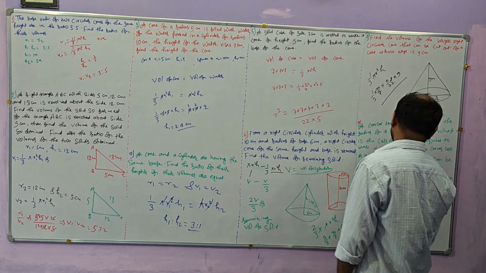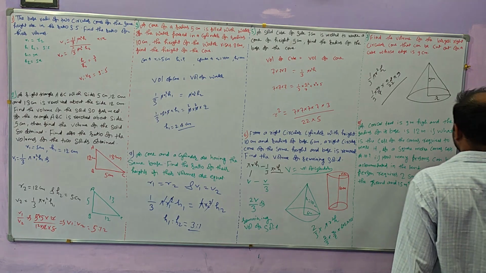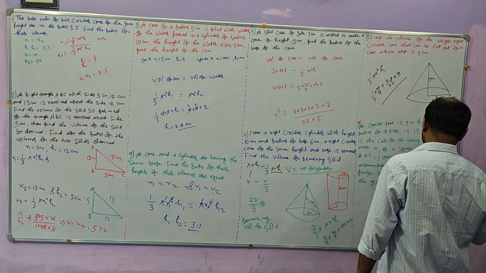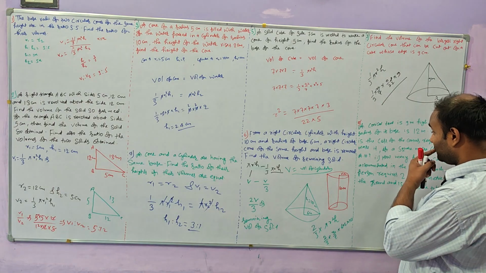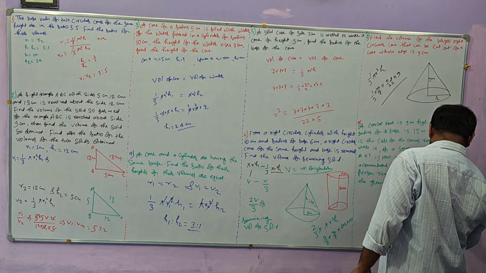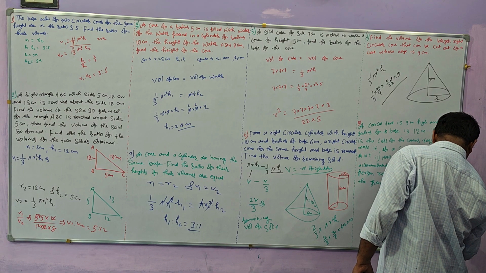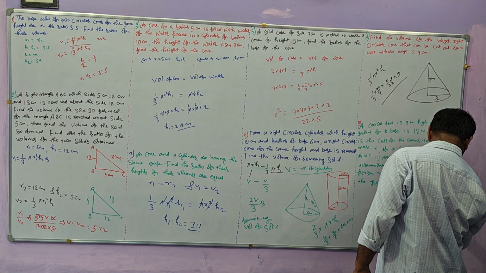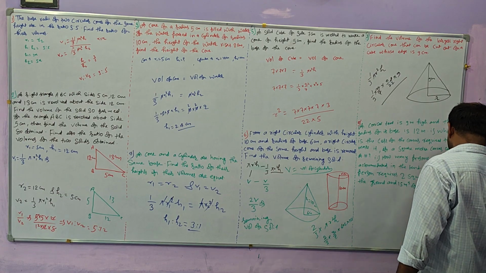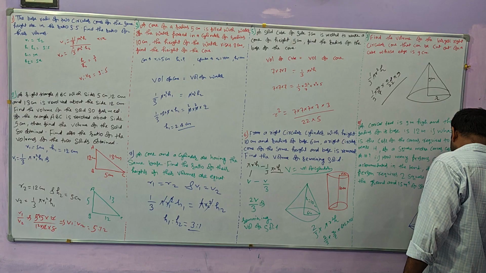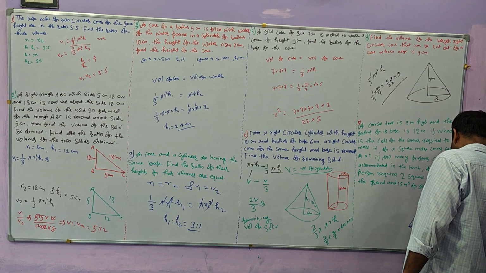A conical tent that is 9 meter high and radius is 12 meter.